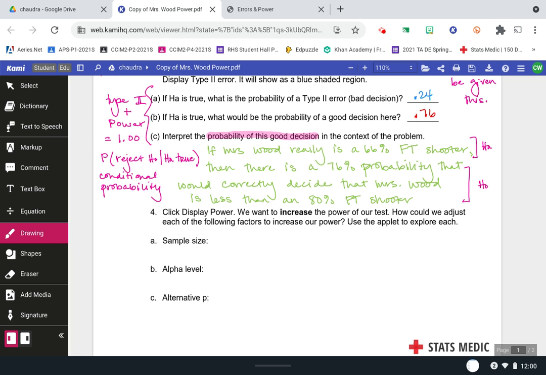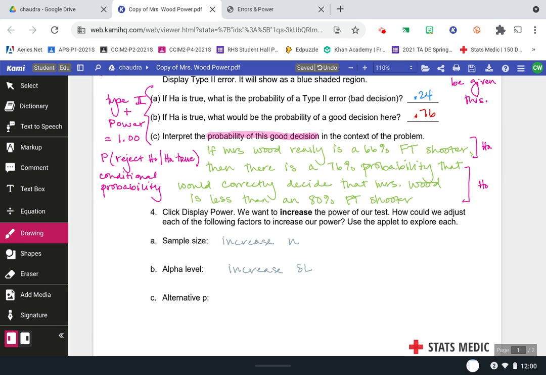Okay, so hopefully you found through all that we increase the sample size in order to increase the power of the test. For the significance level, we would also increase that value to increase the power of the test.